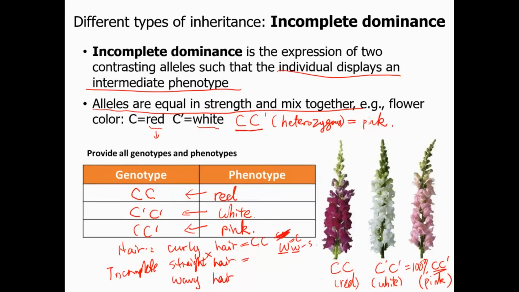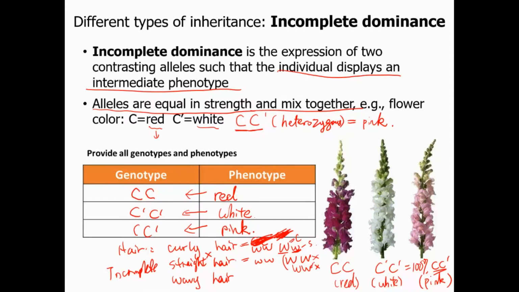All right, now straight hair has to be, oh, I'm using the wrong letters, right? Straight hair has to be little w, little w. So can it be big W, big W? No, that's curly hair. Can it be W prime?